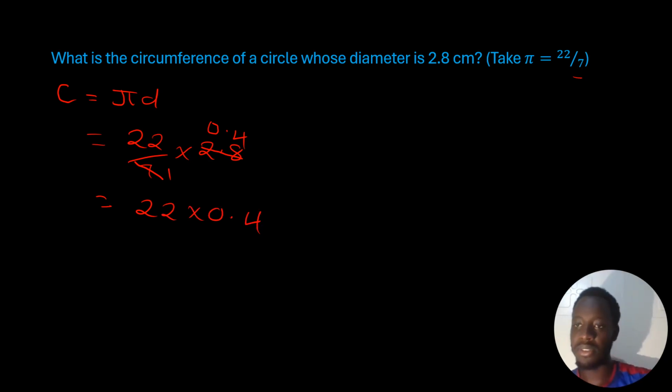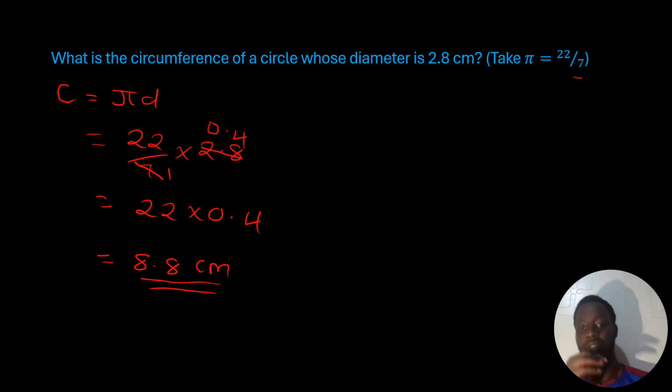When you multiply 22 by 0.4, you will get 8.8 centimeters. So this is the circumference of that circle whose diameter is 2.8. It is very easy. Let's do our second example.